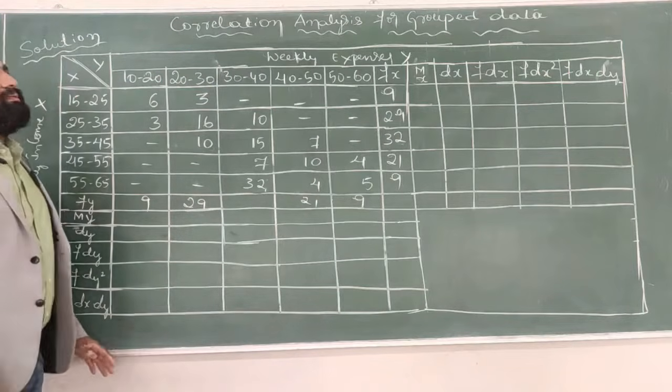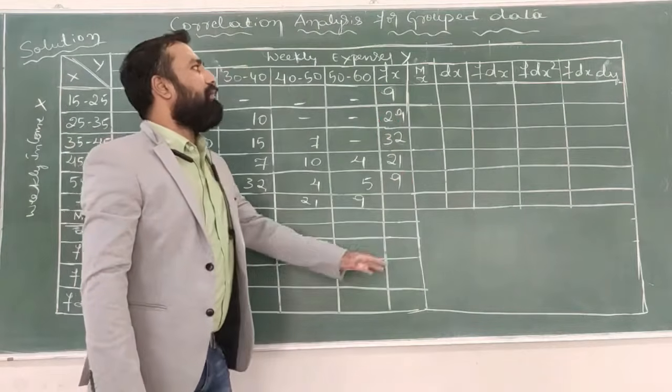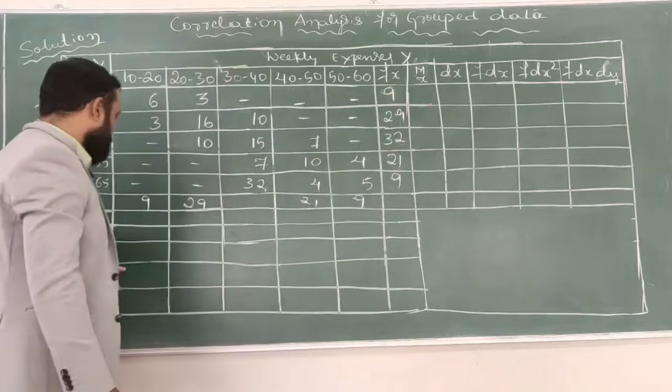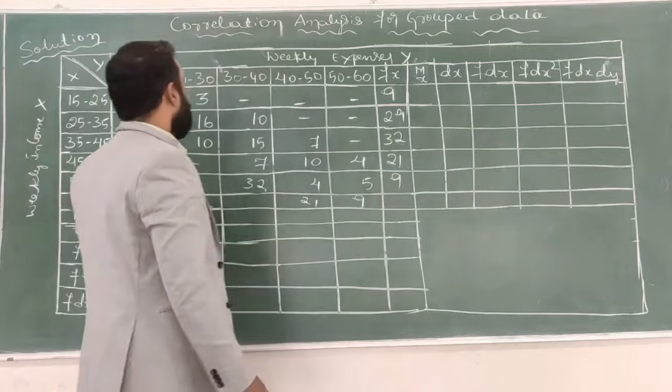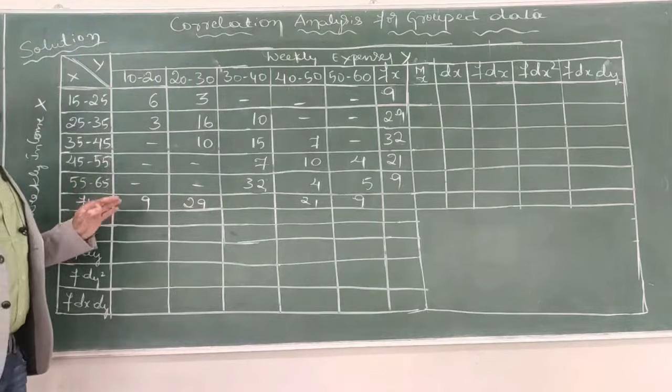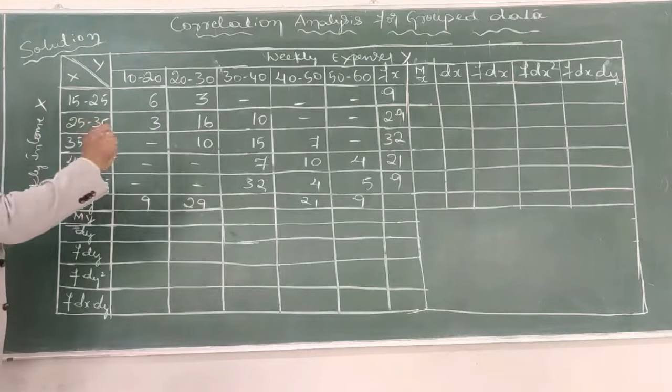The next step is to find the mid value of x and the mid value of y. Very important, we already know from the previous class how to find mid values in the case of class intervals. First we take the mid values of x.